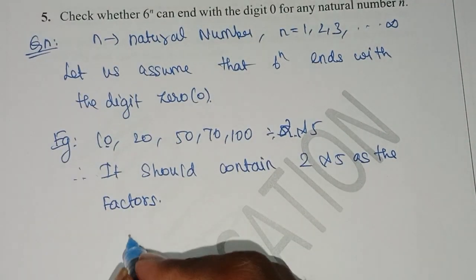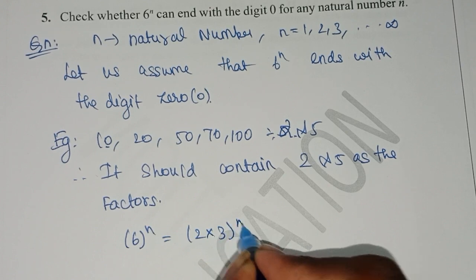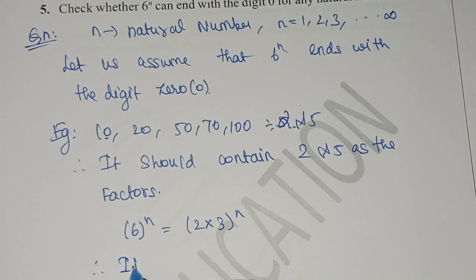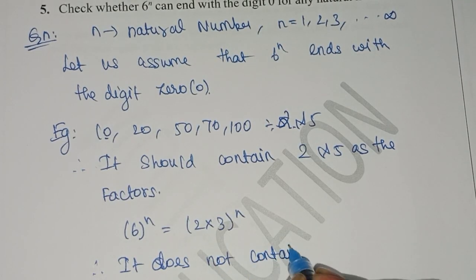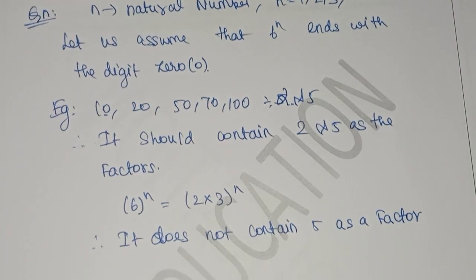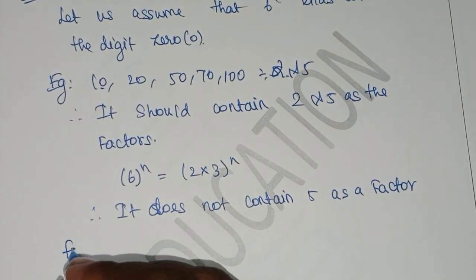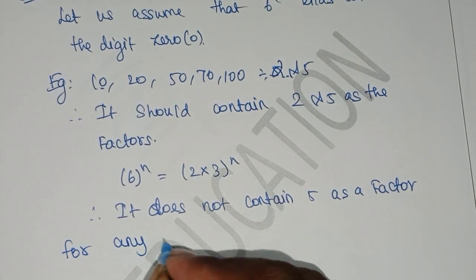When coming to this condition, 6 power n, it is 2 into 3 power n. Therefore, it does not contain five as a factor for any natural number n.